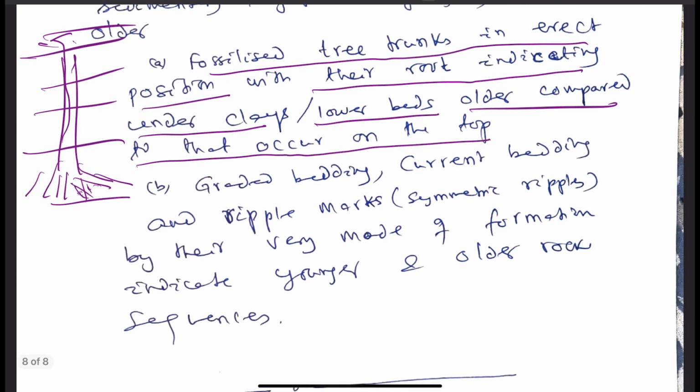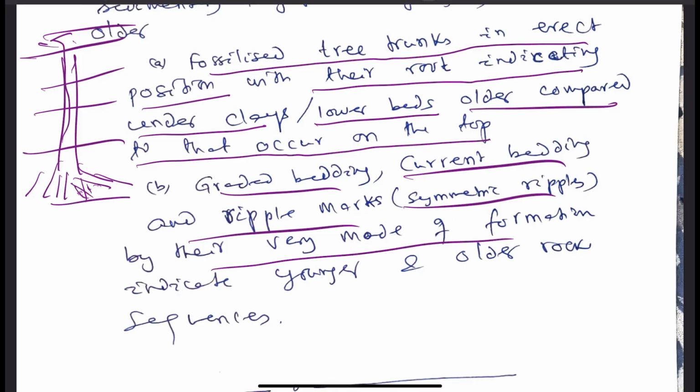Similarly, we have some sedimentary features such as graded bedding, current bedding, and ripple marks, particularly symmetric ripple marks. They are very useful in indicating whether the strata are right side up or overturned. If the strata are overturned, the whole sequence will be inverted. That means the older beds will be found at the top and the younger beds at the bottom.